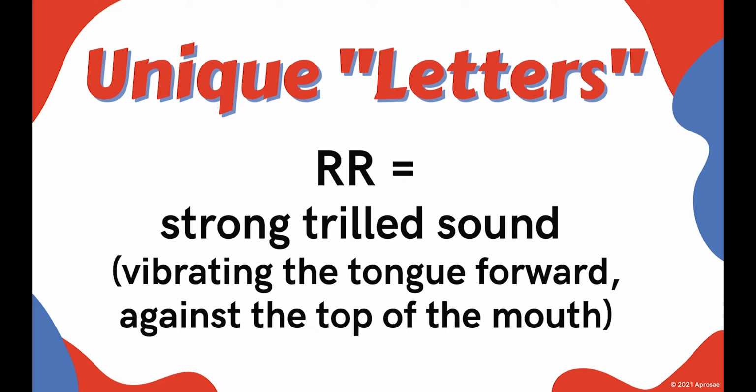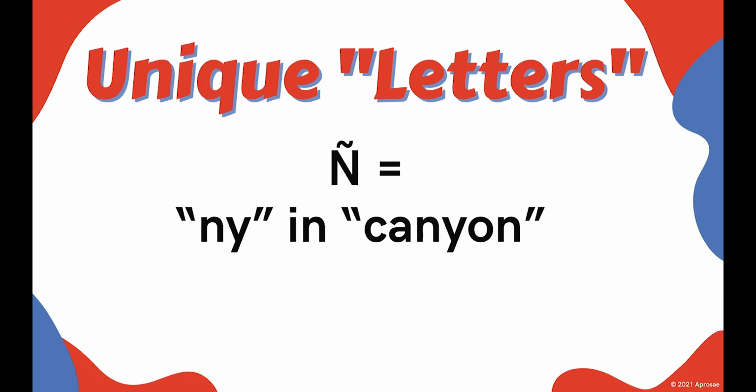I add it in because it is something to work towards, or when you hear that trill, you'll realize, oh, it's a double R. And the third unique sound is the letter ñ, the N with the tilde on top of it. That is pronounced ny, like canyon, C-A-N-Y-O-N.